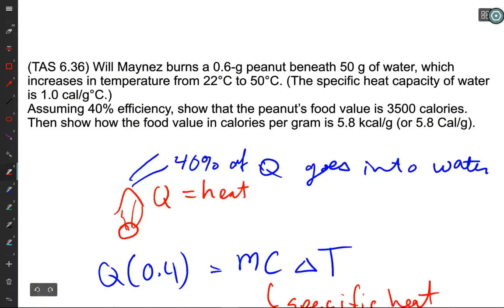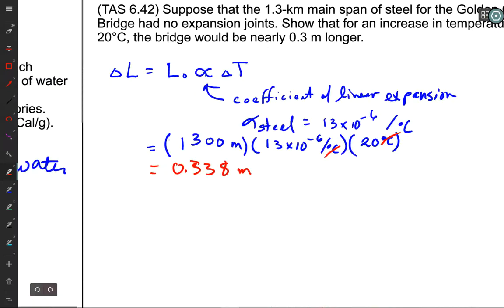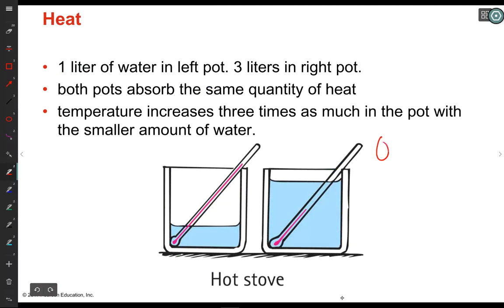And that's because of this relationship we looked at right here. The heat equals MC delta T. So if you put heat in at a constant rate, that is, if Q per time is constant, then the change in temperature per time is going to be dependent on M and C. Now, there's some important things about life in general here, right?